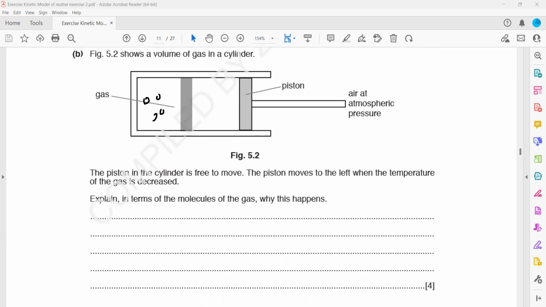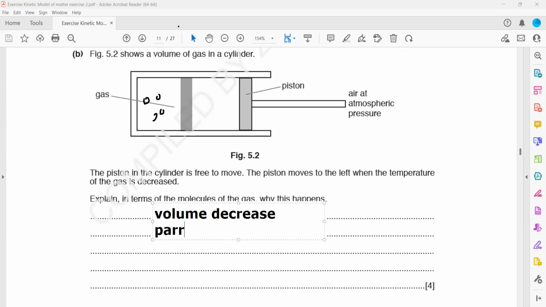So how do you score the 4 marks? First thing you mention: when we move the piston, the volume decreases and the particles come closer to each other. One mark: the spacing decreases, the volume decreases. And why does the volume decrease?